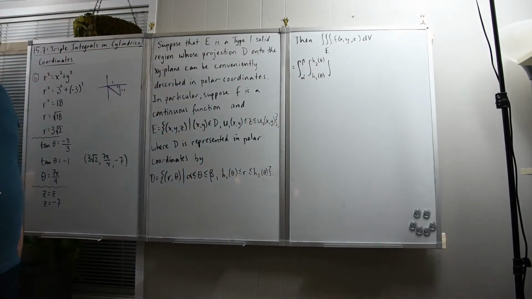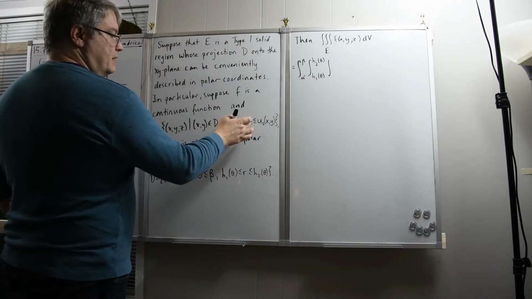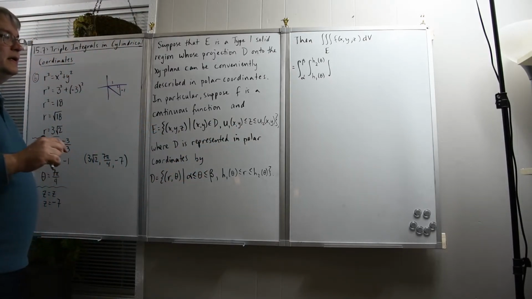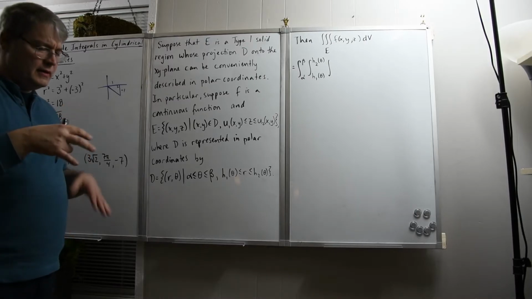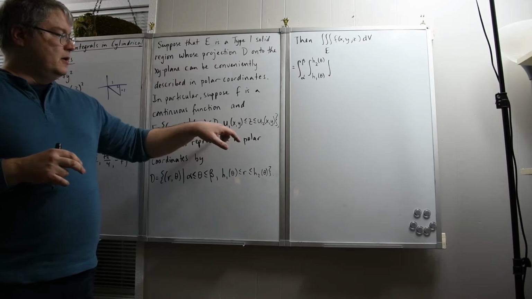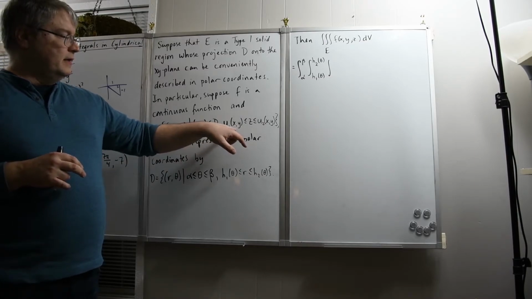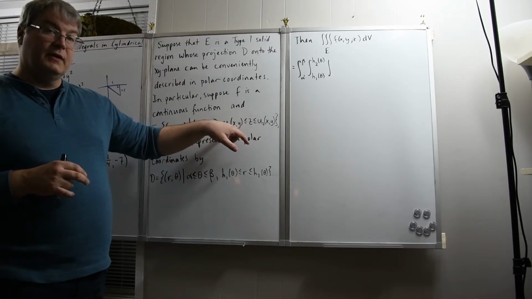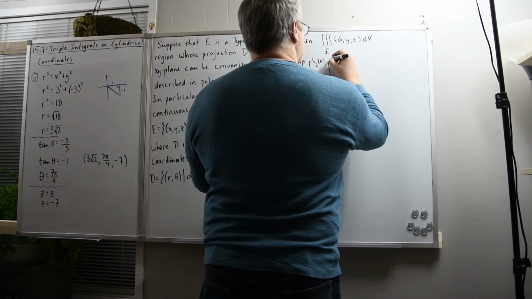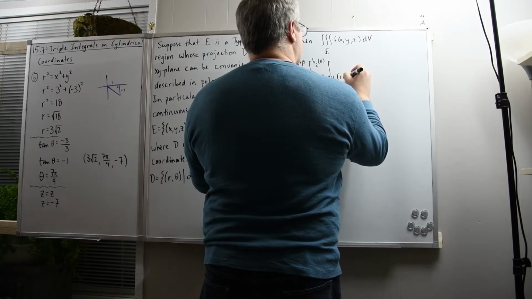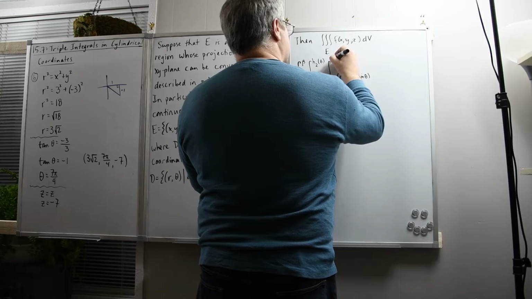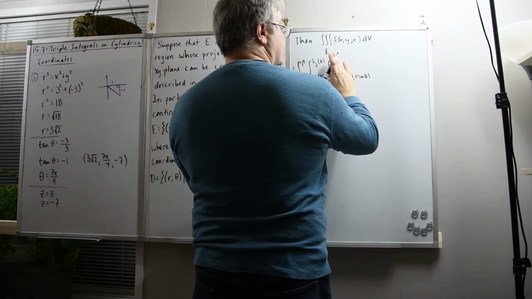And then the inside integral, normally we would say that the bottom limit of integration will be u sub 1 of x comma y, top limit u sub 2 of x comma y. But if we're doing all this in terms of cylindrical coordinates, then we're going to want to represent this u sub 1 of x comma y as u sub 1 of r cosine theta comma r sine theta. And we'll do a similar thing for the top limit of integration with the u2.